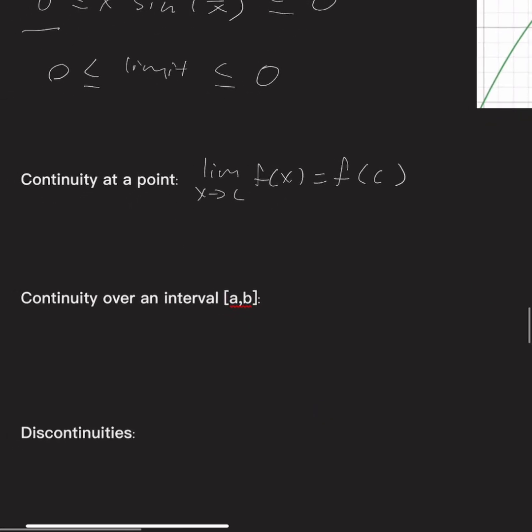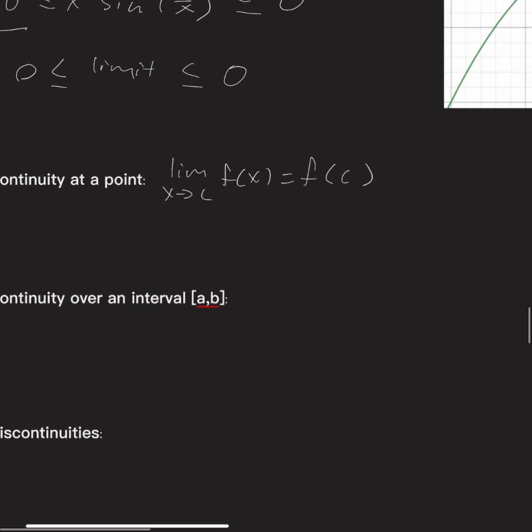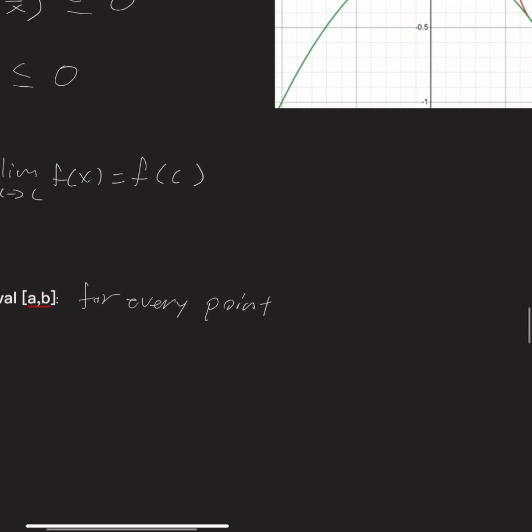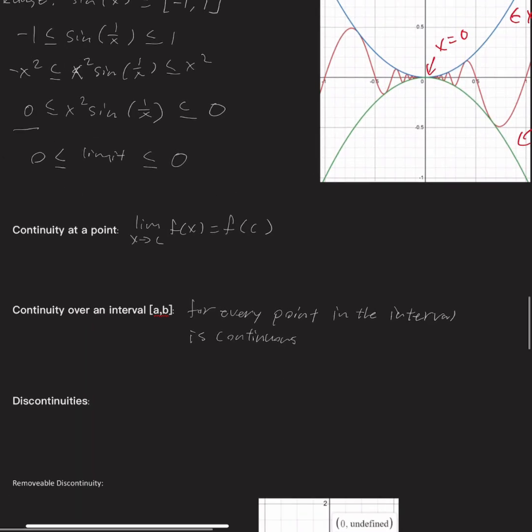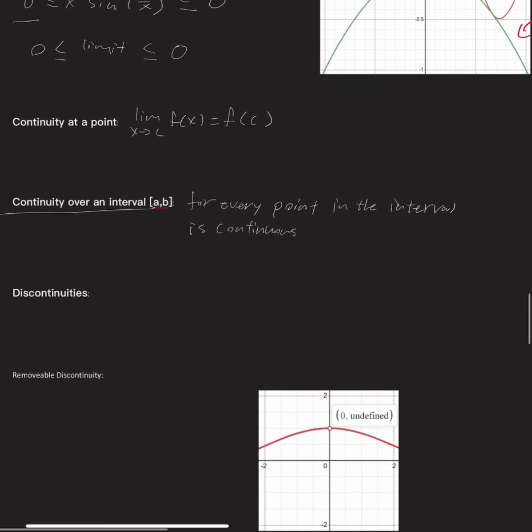And over an interval, every point in the interval is continuous. So basically, if the function over the interval from a to b is continuous, every point inside of a to b, the closed interval, is continuous.